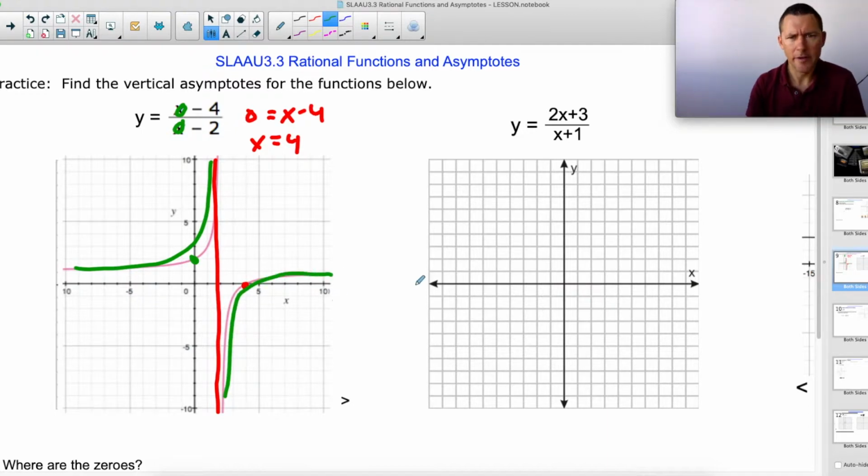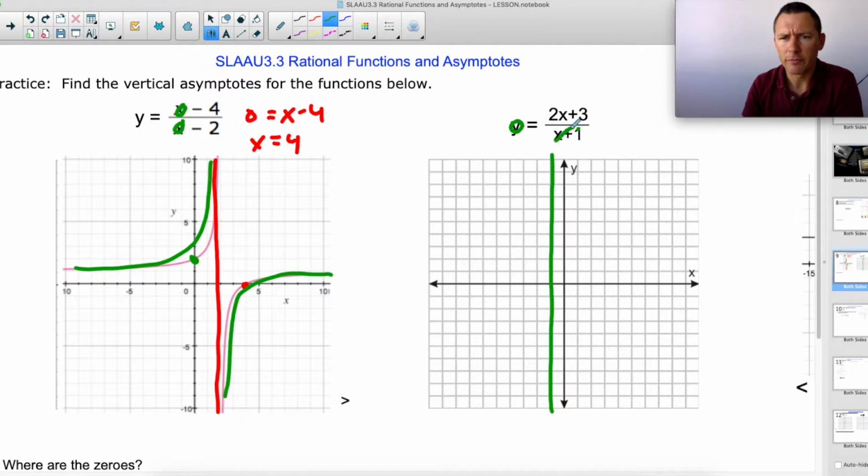Now, you can play the same game with this. The vertical asymptote would be when this denominator is equal to 0, so that happens at -1. So it looks like this. That's the vertical asymptote. I know it hits the x-axis when this is equal to 0.